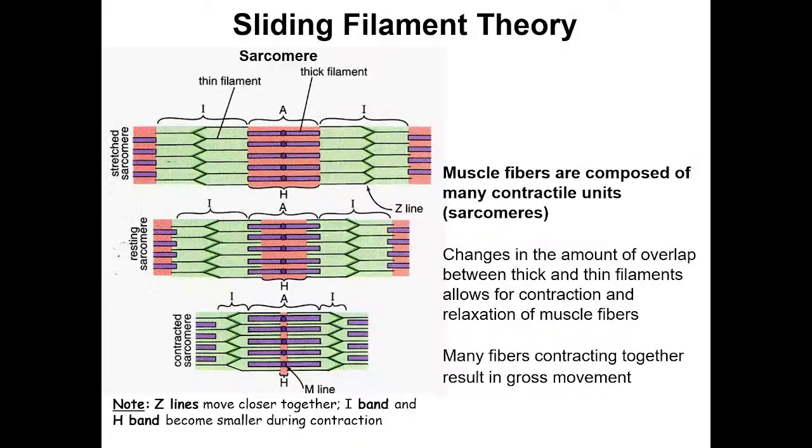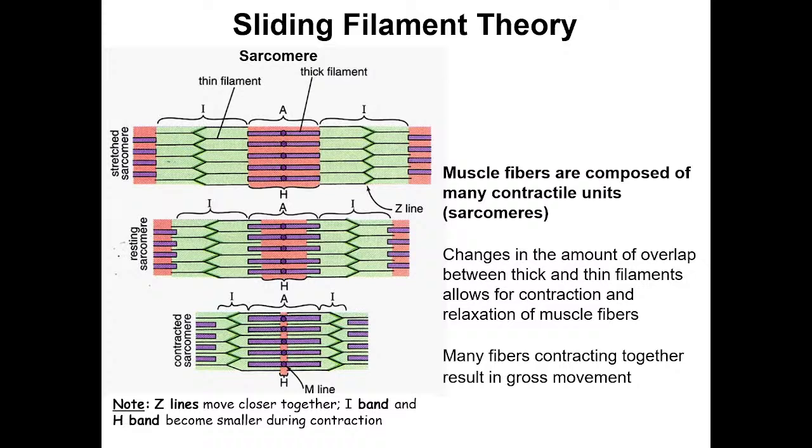Now, how does contraction take place? For that, there is a theory called the sliding filament theory. What happens is, these filaments slide over each other, and because of that contraction takes place.